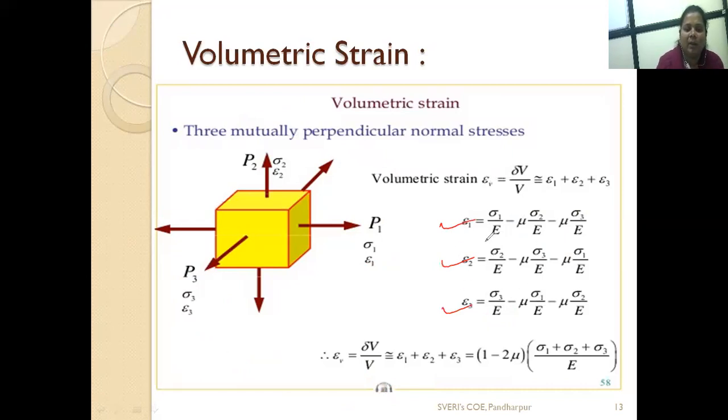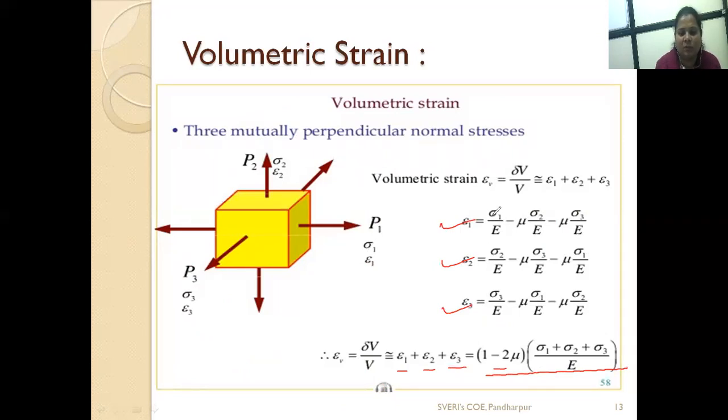Then we will combine all these formulas, epsilon 1 plus 2 plus 3. After combining, this formula will be generated. Don't take tension, this derivation will not be asked in your university examination.